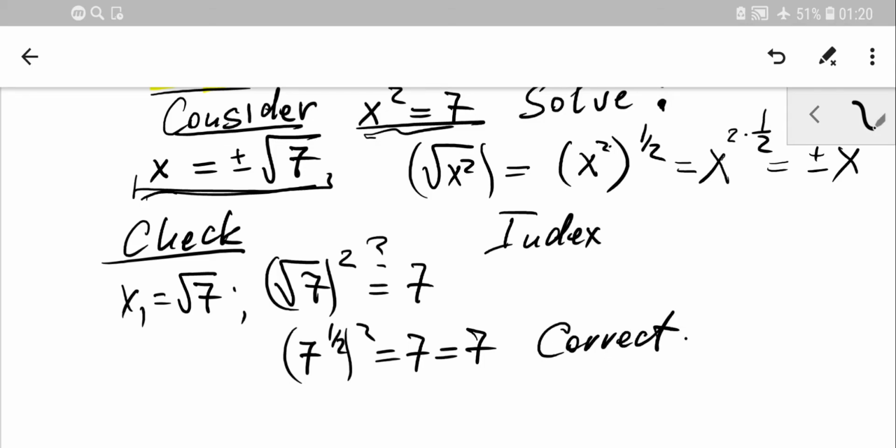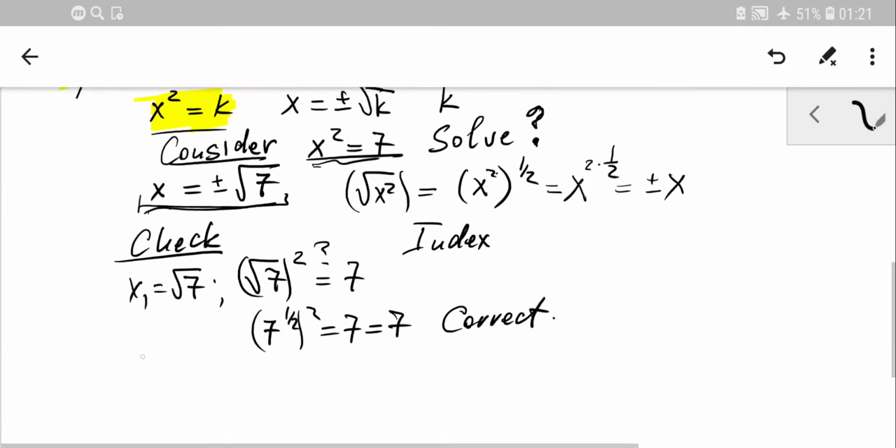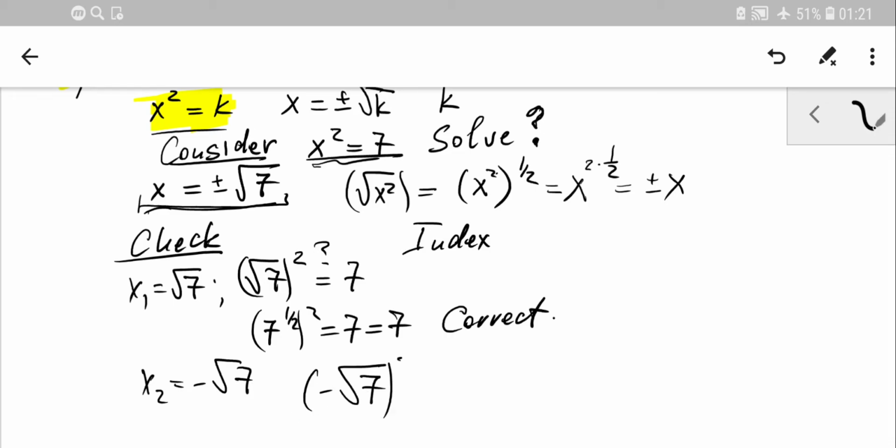Now let's check the other root, x2, which is negative square root of 7. We put in negative square root of 7 and square it up. By definition, what does a square number mean? We take negative square root of 7 and multiply it by itself.